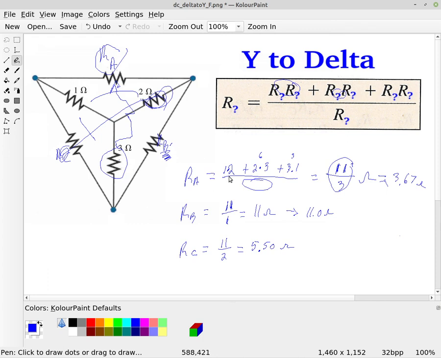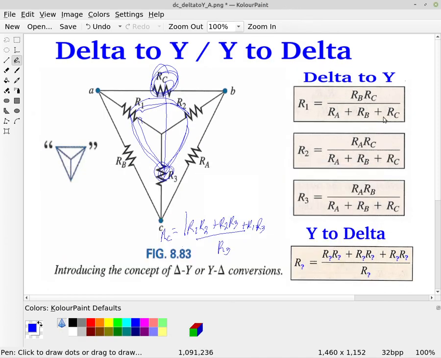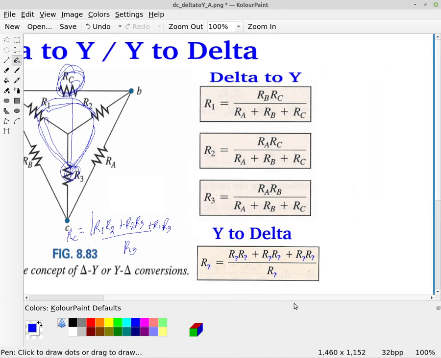Now, if we go back and look at the original equations here, it doesn't really matter which one of these equations you look at, but if you're going from a delta to a Y, so we're going from sort of a parallel connection to more of a series connection, right?